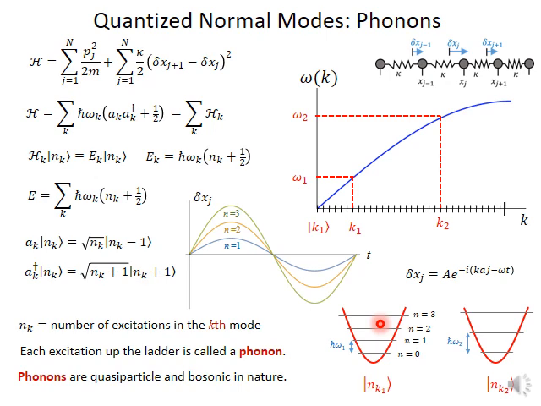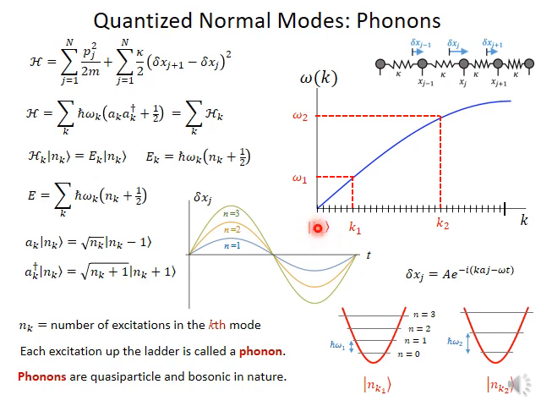So a many number of phonons, more than one number of phonons. If you consider phonons as quasi particles, then you can populate each k mode with many phonons, which would mean that phonons are bosonic in nature, unlike electrons, because for a particular k state you can only accommodate one electron of a particular spin.